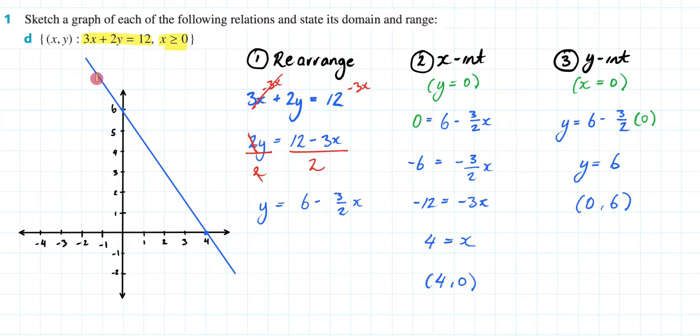So I'm going to have to grab my line and make sure it exists nowhere in my negative x area. It's going to start here at x equals 0, and then it's going to go to x equals infinity. It's just going to go x to infinity, but it's going to start at x equals 0.